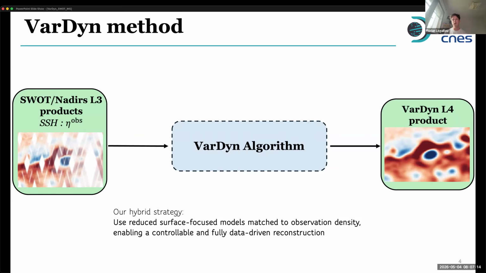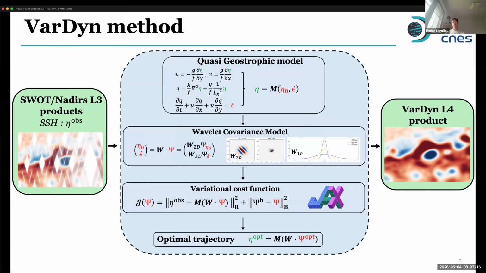So I will open this box here. For mapping the sea surface height fields, the main strategy is to use the quasi-geostrophic model. So basically, it's a one and a half layer. So it's really simple.